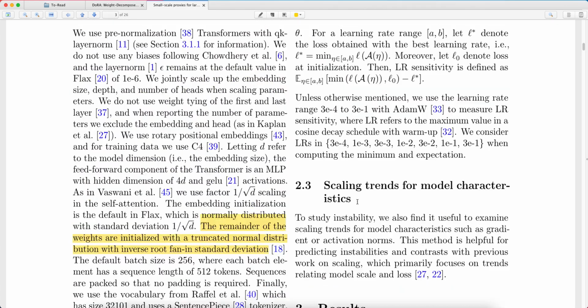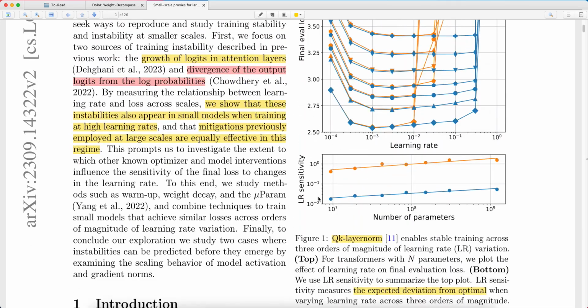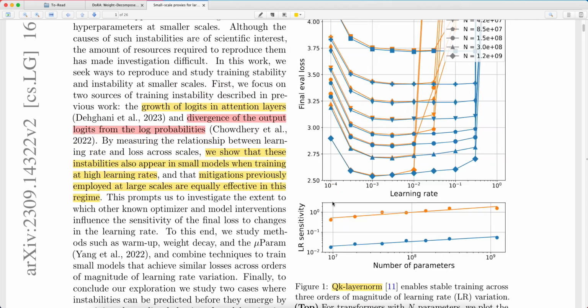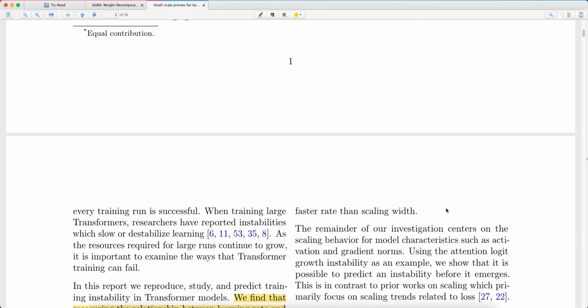So if we go back up here, LR sensitivity, lower is better, goes up with scale, but is lower with qk-layer norm. And here's the 1 billion parameter model, learning rate is 0.3. That's crazy. I didn't know that was a thing.